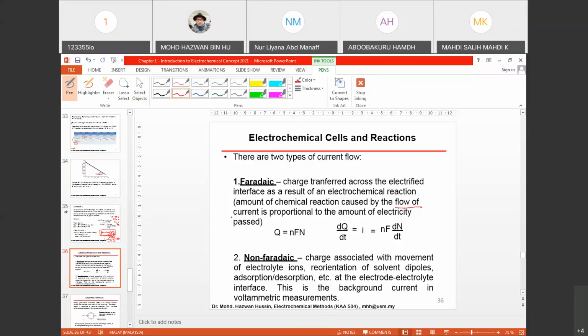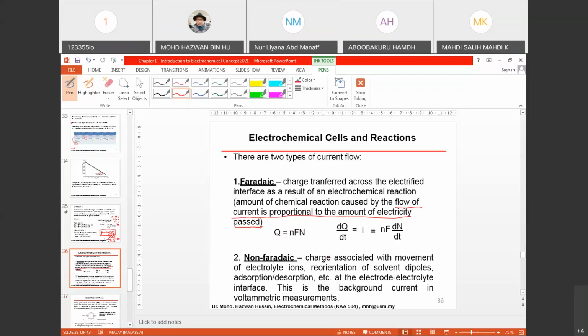These are the keywords: flow of current proportional to the amount of electricity passed, or the charge passed. Q is the charge, equal to nFN, okay? n is the number of electrons, and capital N is the number of moles, and this is the valency. And F is the Faraday constant.